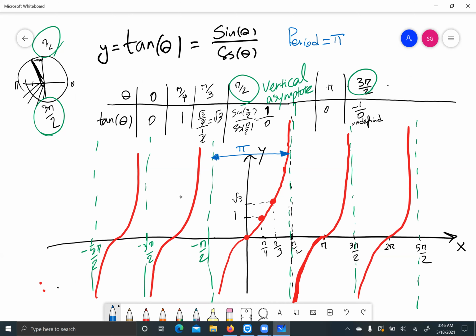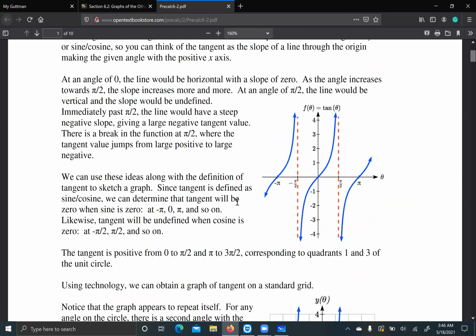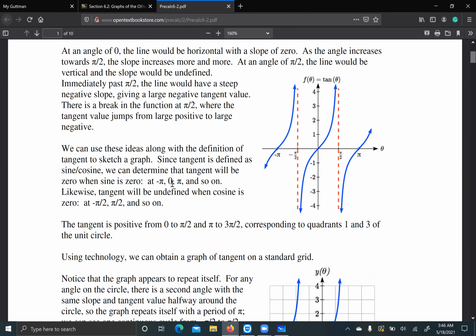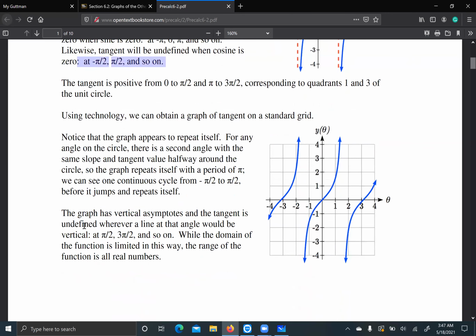You see, it's like you draw a graph and then you have copies of the same shape after each pi. So these are the characteristics of the tangent function. As you can see, because sine is 0, you have zeros at negative pi, 0, pi, and so on. And because cosine, the denominator, is 0 at negative pi over 2, pi over 2, 3 pi over 2, and so on, that gives us the vertical asymptotes.